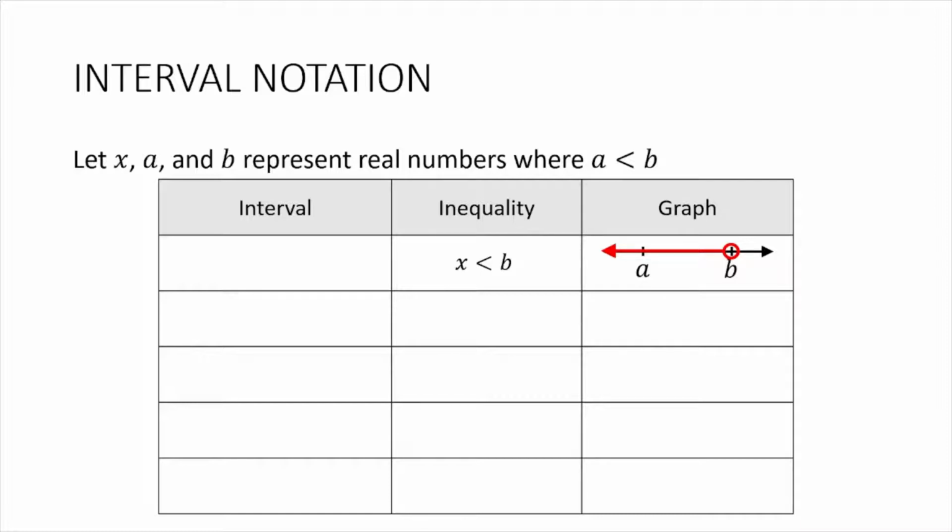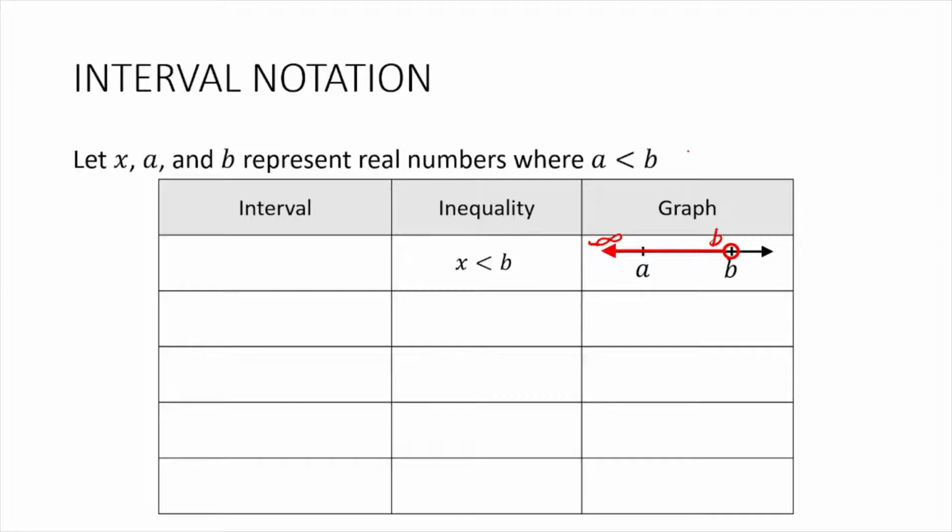Using interval notation, the left endpoint in this case is negative infinity, and the right endpoint is b. So these are the endpoints, negative infinity and b.